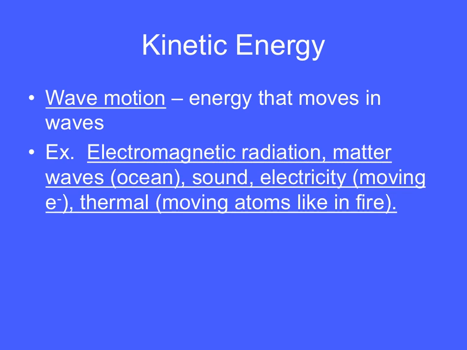So we have electromagnetic radiation, the light, the sound, the infrared, the UV, and matter waves like in the ocean. Electricity also moves in waves because the electrons move in a wave-like pattern through the wires. And thermal energy, like with a fire, if you imagine the flames in a fire, those move in a wave-like fashion, and those atoms are moving in a wave.